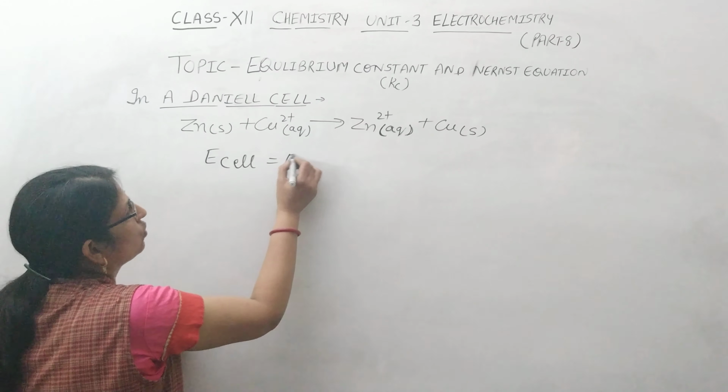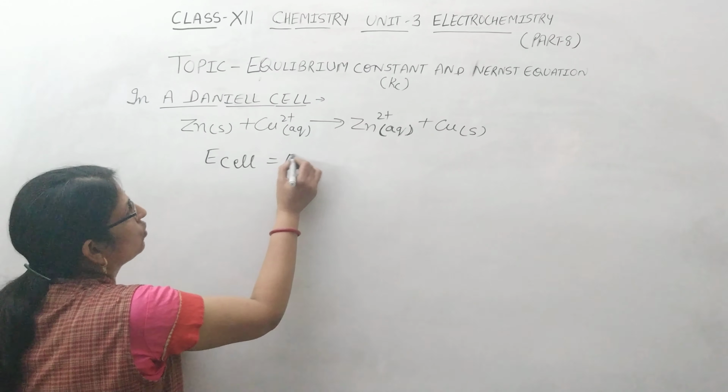Then you get 0.059 upon n, in place of n 2, and log Kc, because Kc is also equal to zinc ion concentration divided by copper ion concentration, with solid concentrations taken as 1 unit.